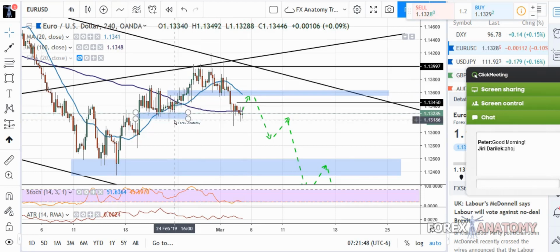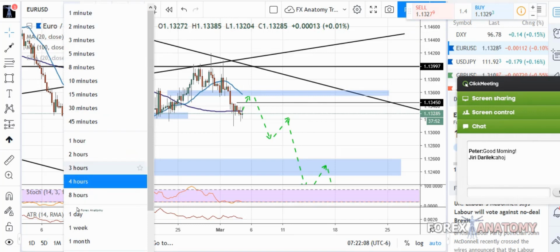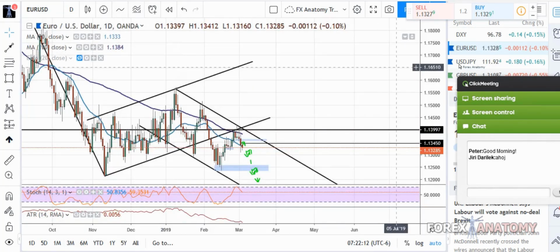But I know we go into more details about that in our VIP trading community for those who are interested, and we may talk about that briefly right after we talk about the US dollar Japanese yen. So then what I'm going to do is go to the daily, and then go to the US dollar Japanese yen.